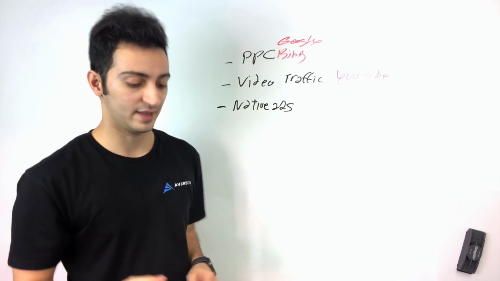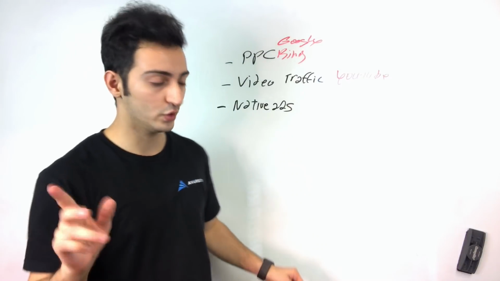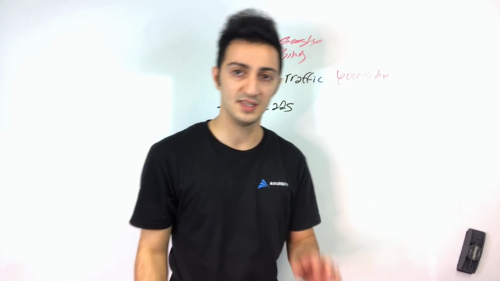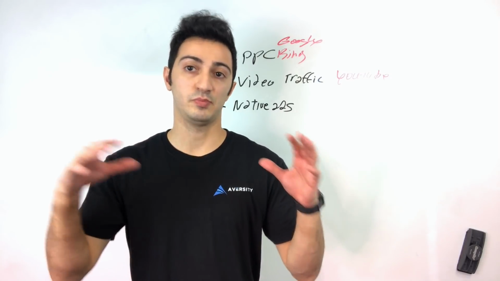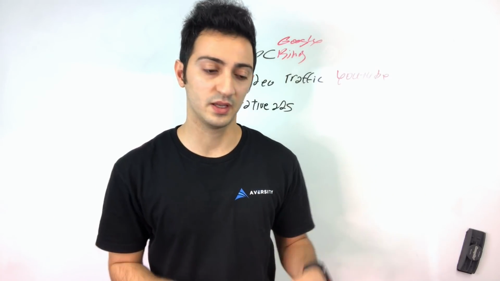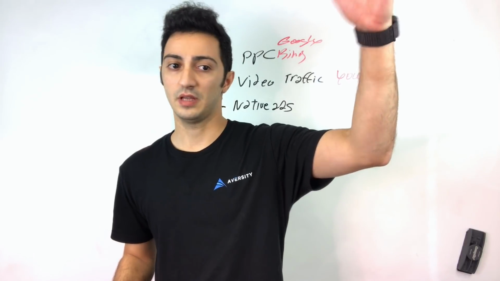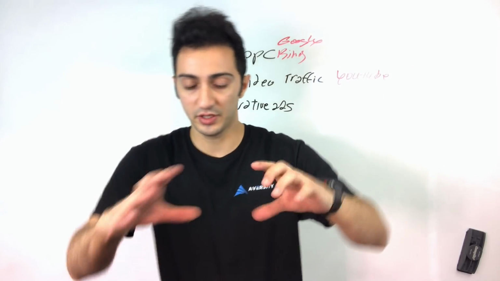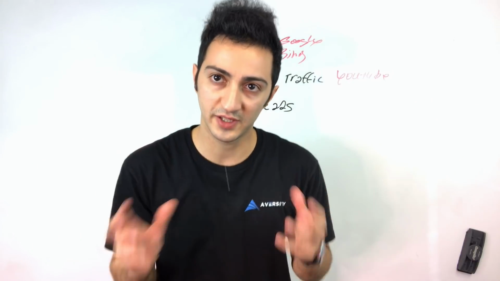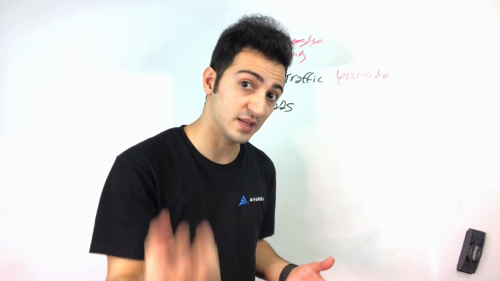In case you don't know what a native ad is, let me explain. Native ads are the ads that display inside a website. Let's say there's a page full of articles that you could check out, and then there's an ad that looks like an article. That is a native ad.